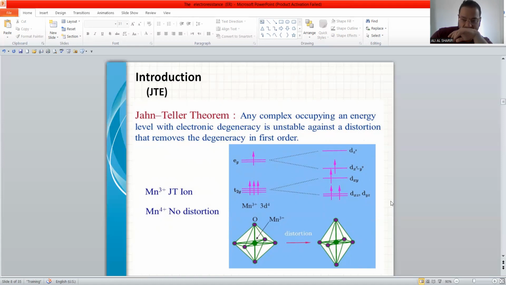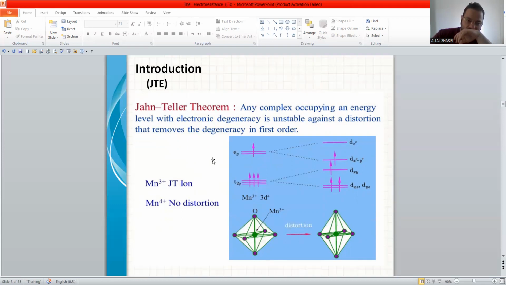And after that, now I'm talking about the eg level. Here, dx squared minus y squared and dz squared will be something like that at the introduction of the Jahn-Teller theorem. And like I said before, any complex occupying an energy level with electronic degeneracy is unstable. Against what? Against the distortion that removes the degeneracy in the first order.